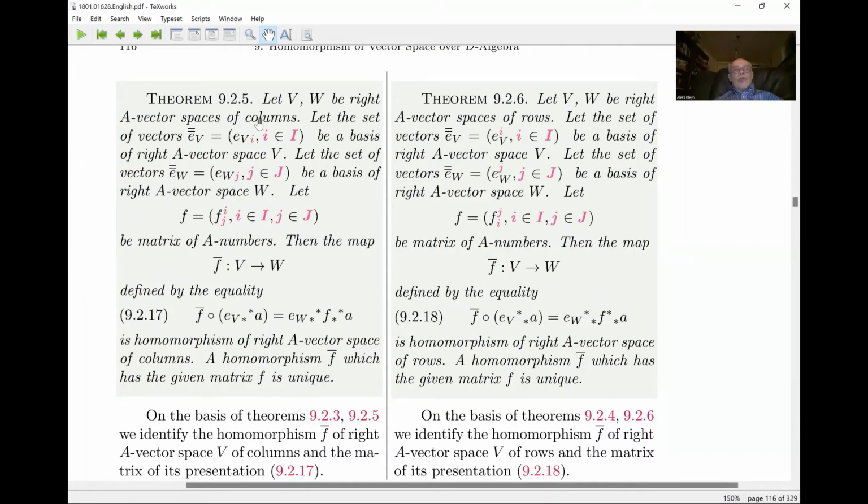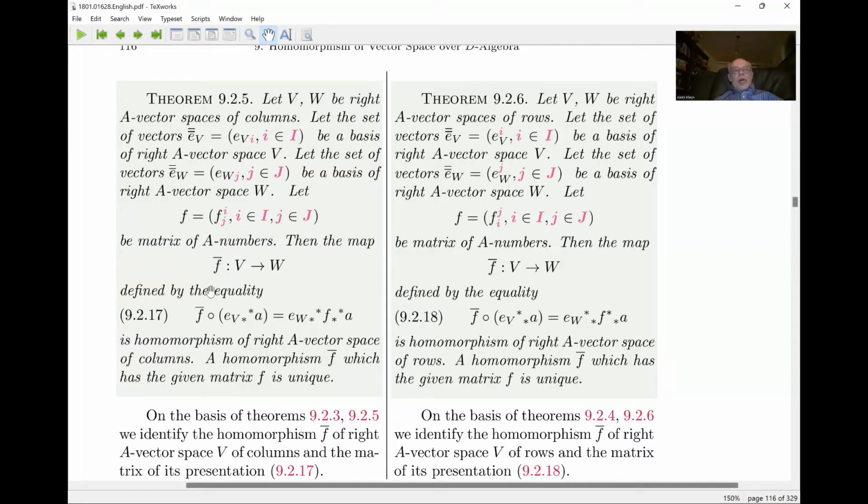Converse theorems also are true. Let V, W be right A vector spaces of columns. Let the set of vectors EV be a basis of right A vector space V. Let the set of vectors EW be a basis of right A vector space W. Let F be a matrix of A numbers.